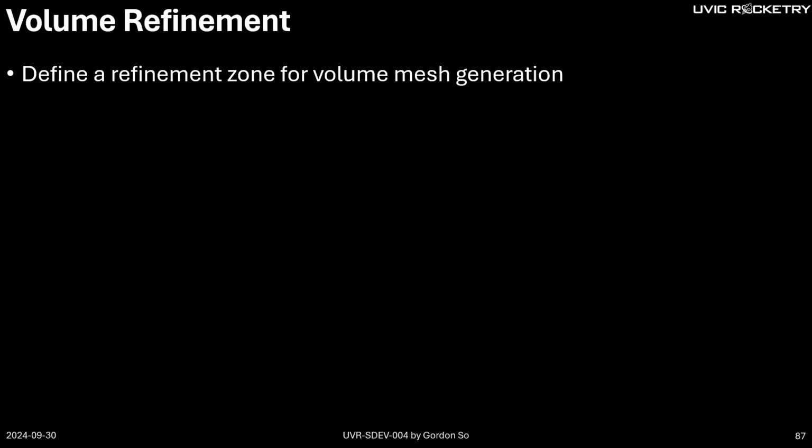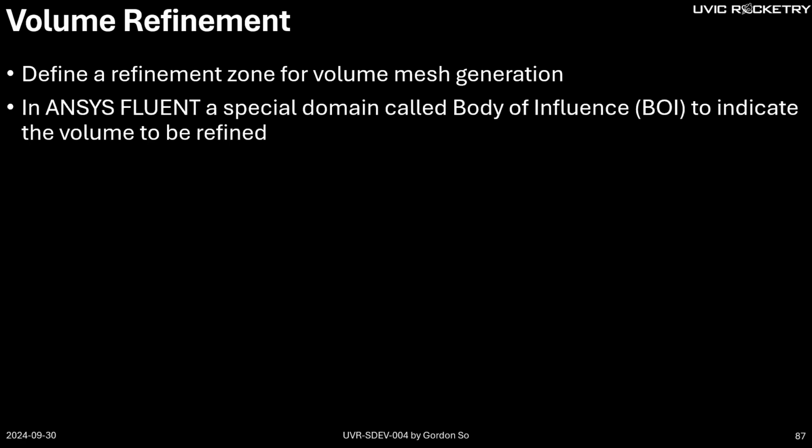So volume mesh refinement. Again, we define how the meshing software meshes or connects every single thing. And then in ANSYS, there's a special type of tool that you can use. In your CAD file, you can create another body, because CAD doesn't mean a single body part. You can do a multi-body part.